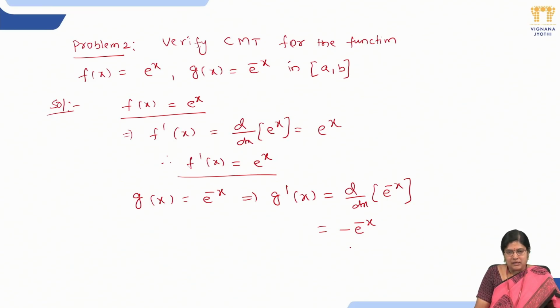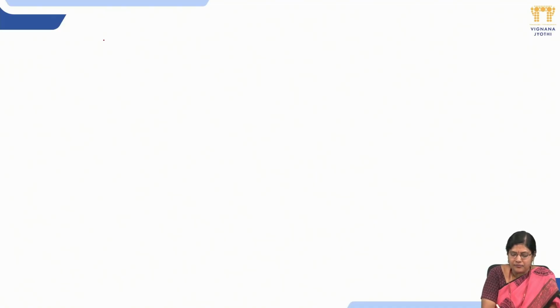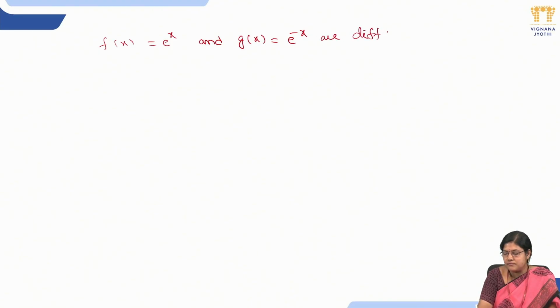Therefore, clearly, f of x is equal to e power x and g of x is equal to e power minus x are differentiable functions in closed interval and differentiable functions in open interval of a comma b.